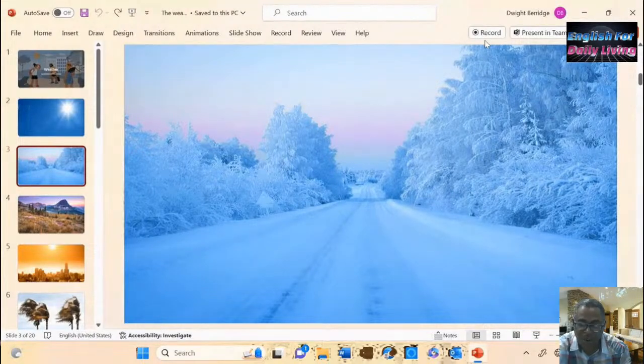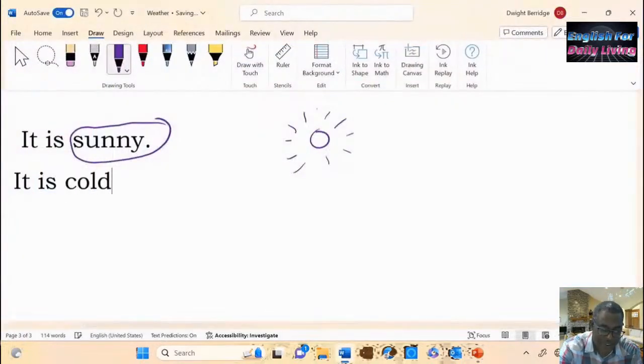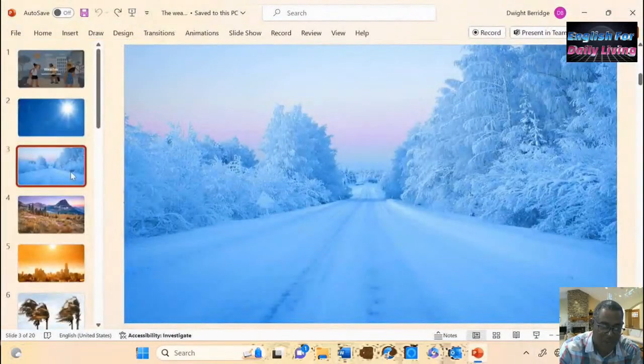I would say it's cold. Let's use that one. It's cold. Could also be snowy, but I will say it's cold for this one, okay? It's cold. Cold country. Then we have here, next one, it says, what's the weather like, or how's the weather?